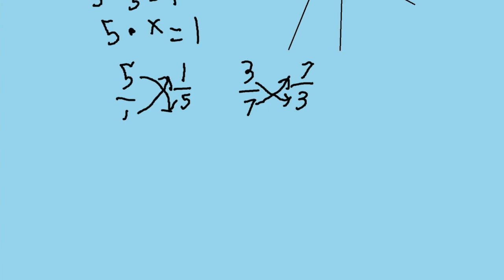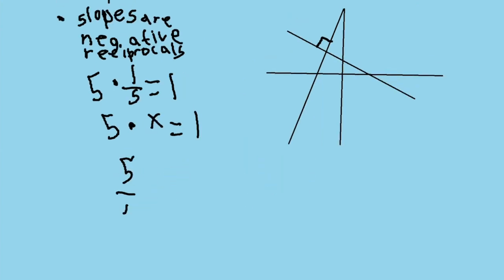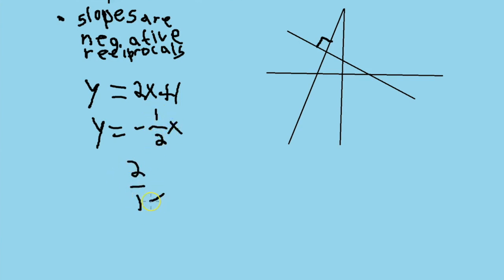So let's say we're trying to find the slope of a line perpendicular to y equals 2x plus 1. What we'd have to first do is find the negative reciprocal. 2 over 1, flip.